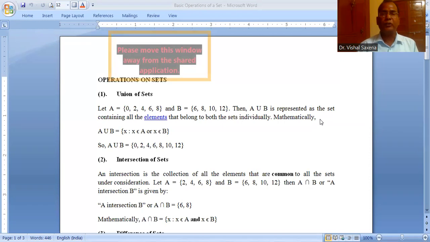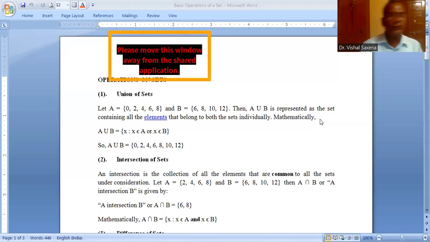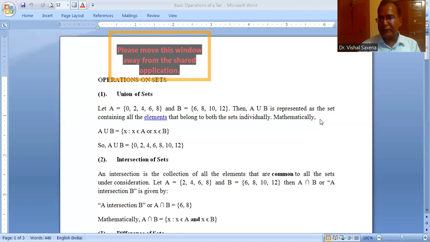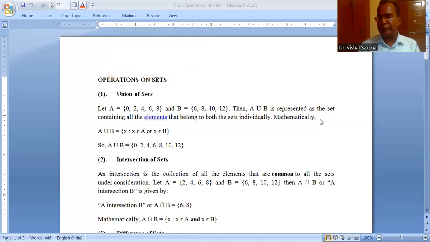So the first operation on set theory is the union of sets. The union means combine. The union of sets is written with the symbol ∪, and it is defined as A ∪ B = {x : x belongs to A or x belongs to B}.